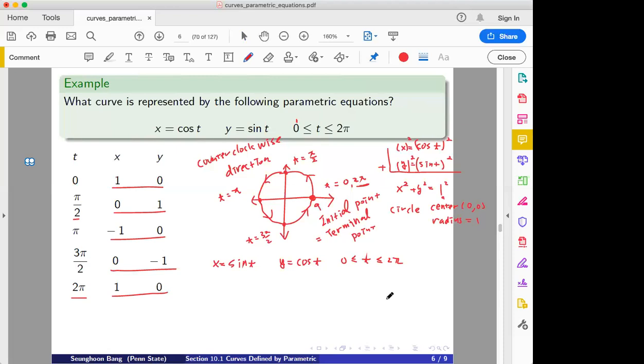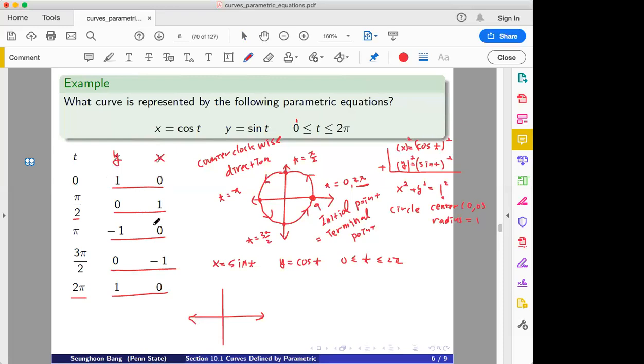So what's the graph? This is the x value, this is the y value. This is an interchange of x and y, so you can just sketch the graph.